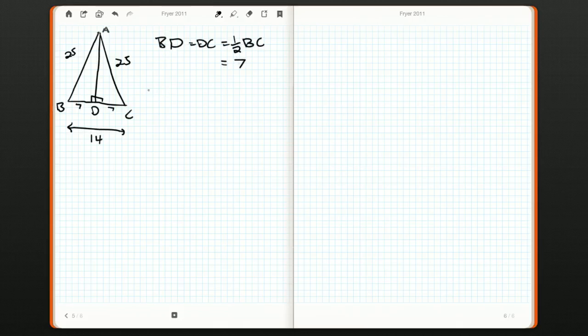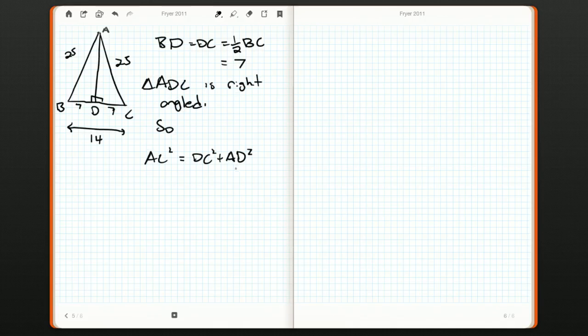Well, I notice the triangle ADC is right angled. So that means, by Pythagoras' theorem, AC squared is DC squared plus AD squared.